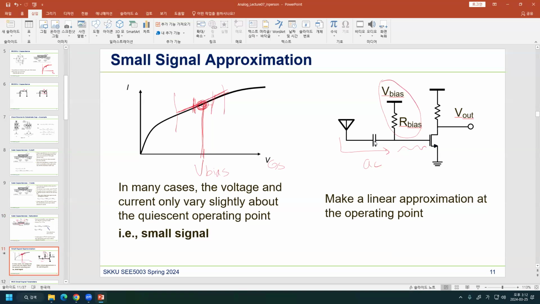In that case, we have to consider many more things. For example, in real industry, one of the important factors is HD2 and HD3, meaning harmonic distortion, which is also related to linearity. If our signal is too large, then the linearity performance is bad. Any question here?